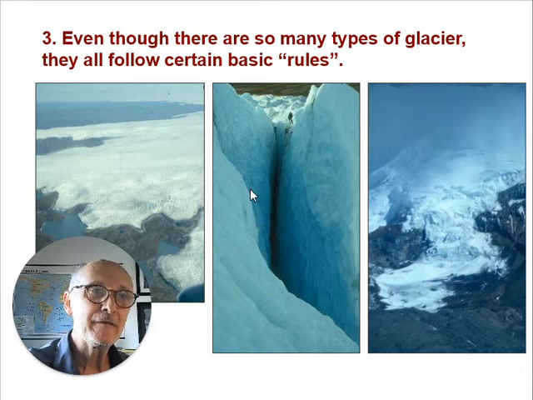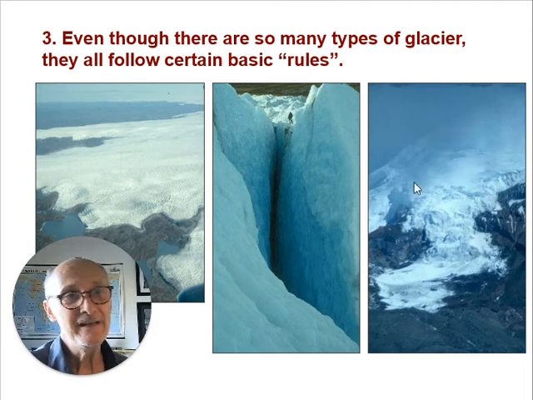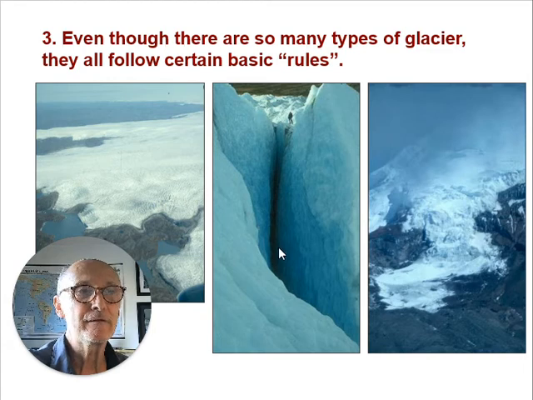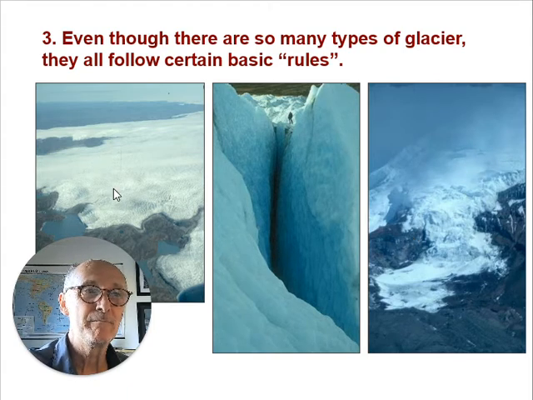This crevasse in the middle is from this area of the Greenland ice sheet, but that feature could occur on a big ice sheet, it could occur on a small mountain glacier. The way the ice moves, the crystal structure within the ice, it's similar, it's connected, it's related. They follow the same basic rules whether they're little mountain glaciers or big ice sheets.